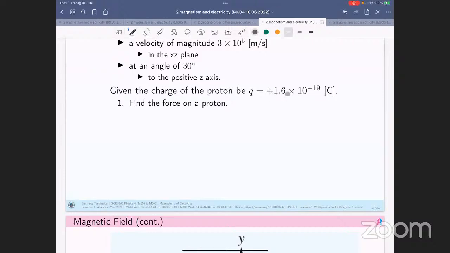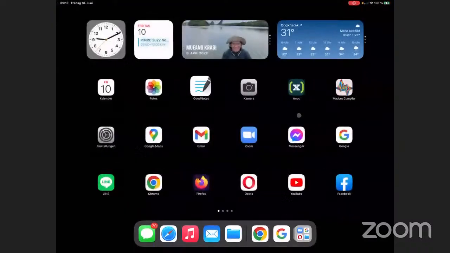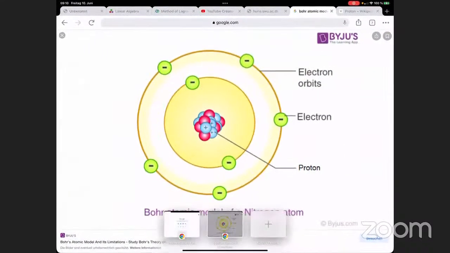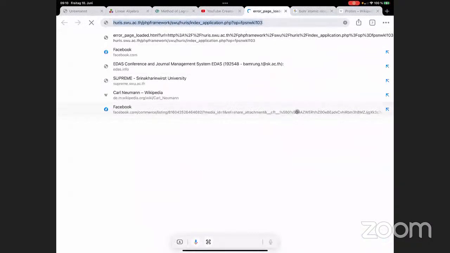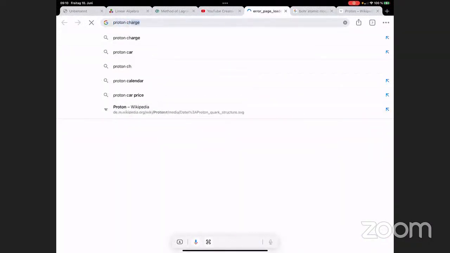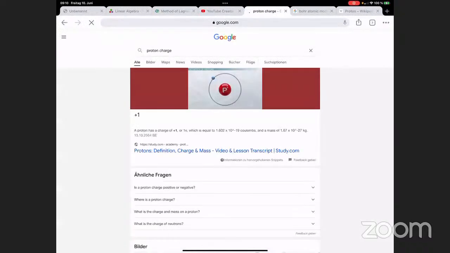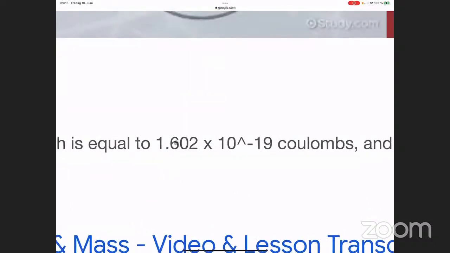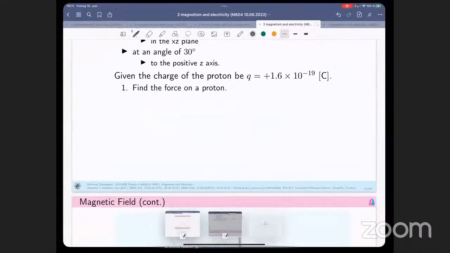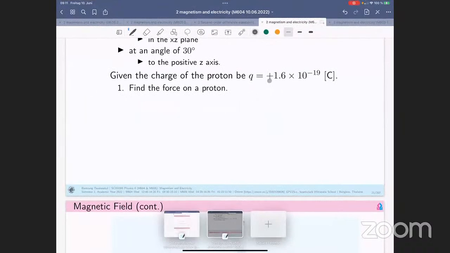It should be 1.602 and so on, if you want to see the exact value of the proton charge: 1.602 times 10 to the negative 19. That's the exact number for the electron, but the electron will be negative. For the proton we have a simple 1.6 times 10 to the negative 19 coulomb.